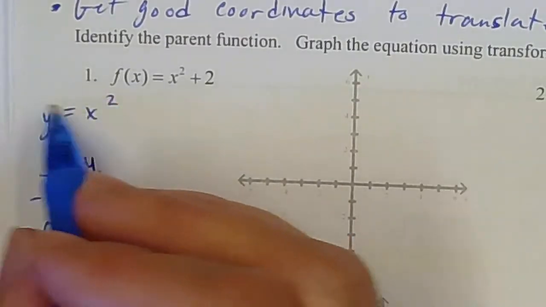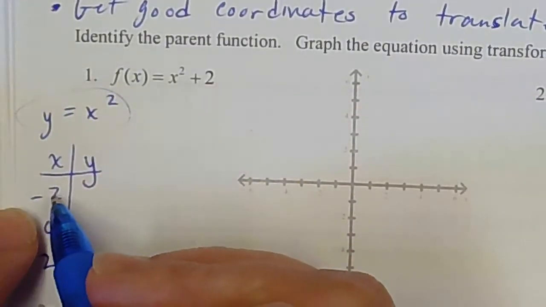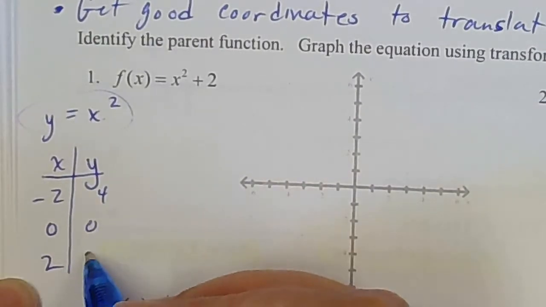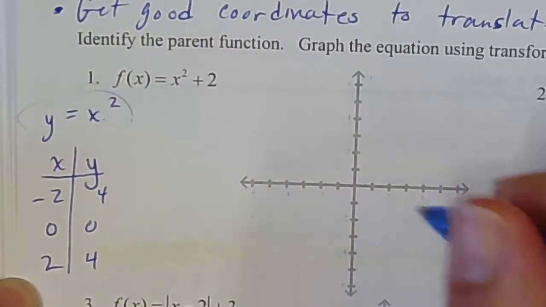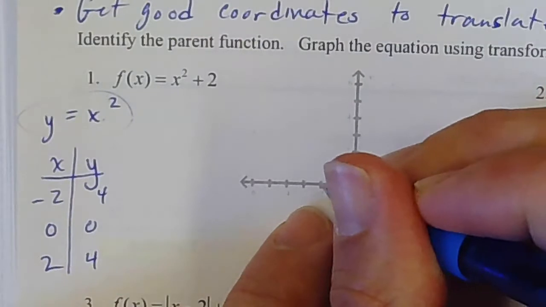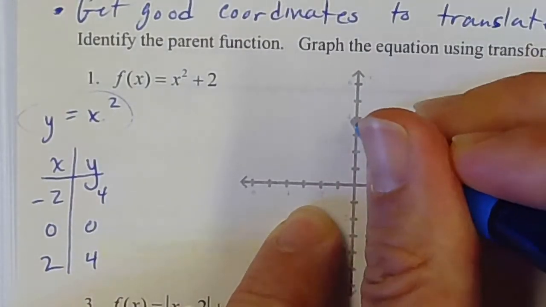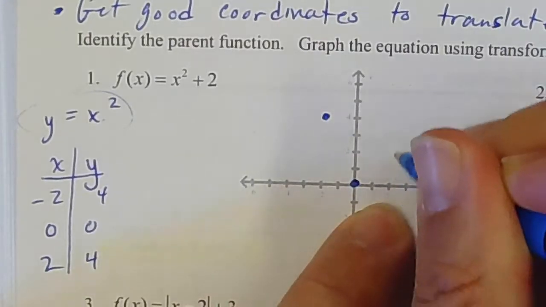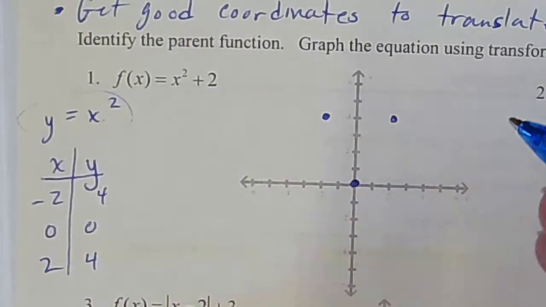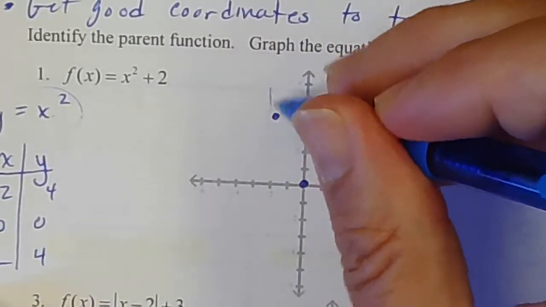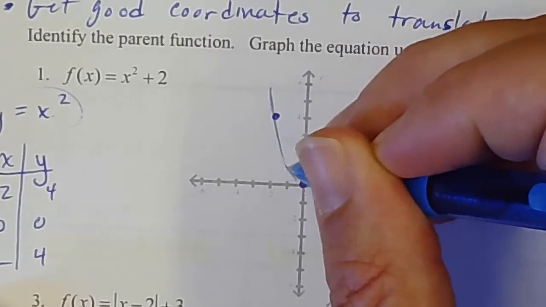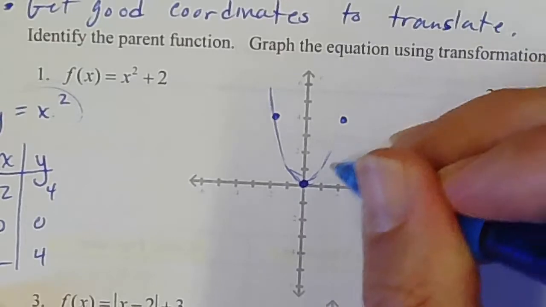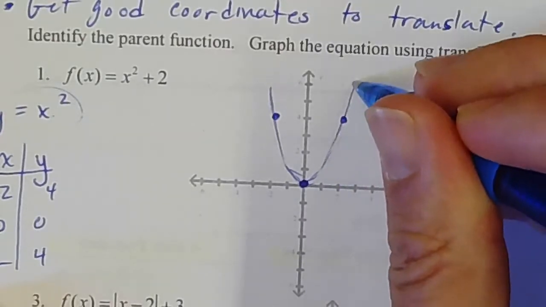We're just focusing on this. So -2 squared is 4, 0, and we get 4 here. So let's plot these coordinates of our parent function. And then you're expected to remember the shape of the quadratic function as a parabola. So kind of horseshoe this thing up a little bit, like that.